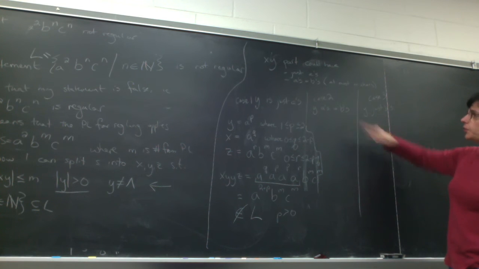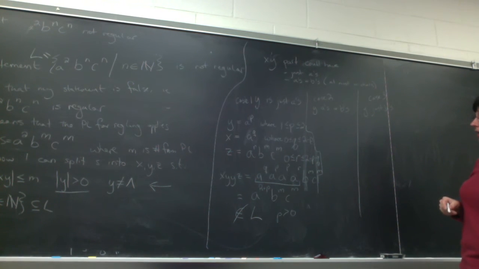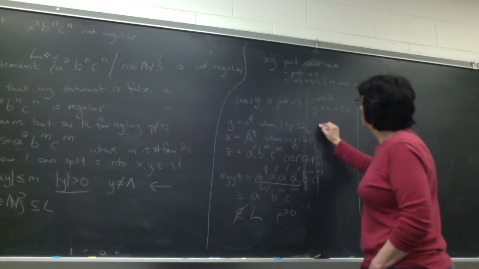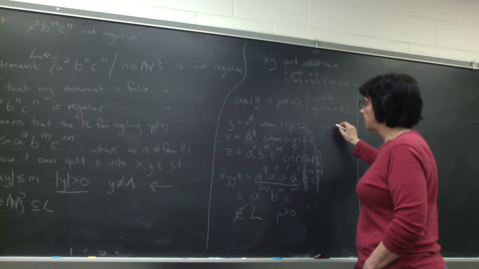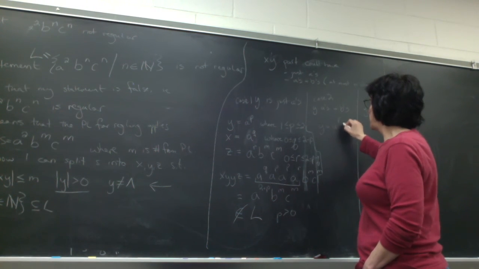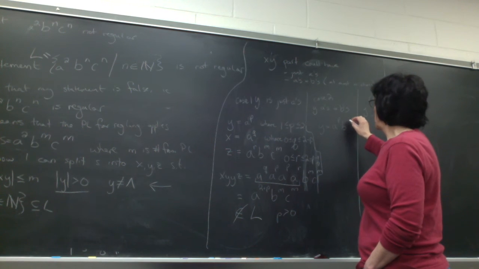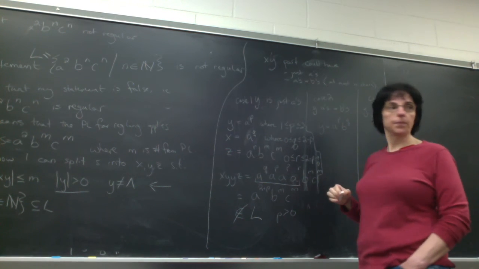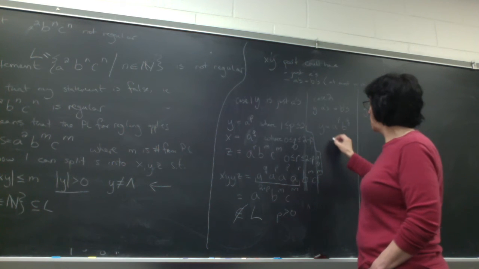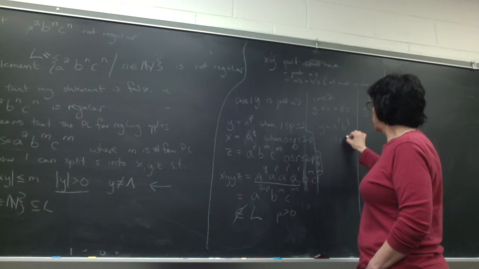If we look at case 2, y is some a's and b's, right? Then y is going to take the form a to the p, b to the, I don't know, q, right? Where 1 is less than or equal to p is less than or equal to 2.